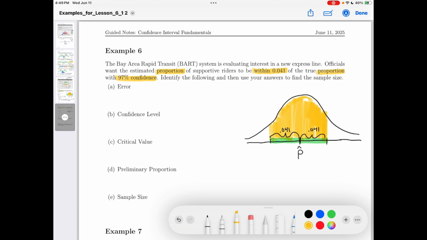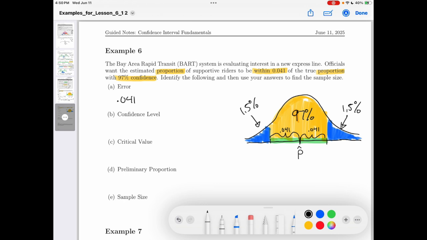So in the middle, we want 97% shaded under the graph. So that means there's 3% left over. So there's 1.5% in each wing.